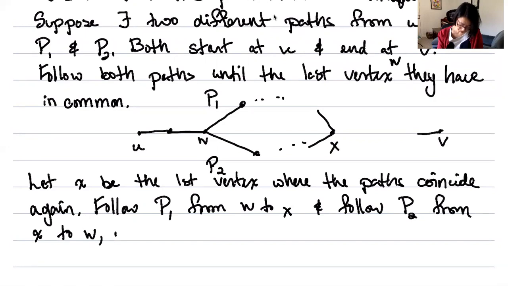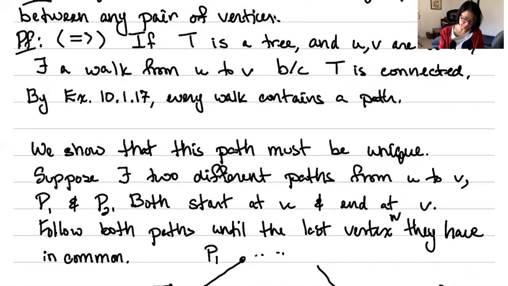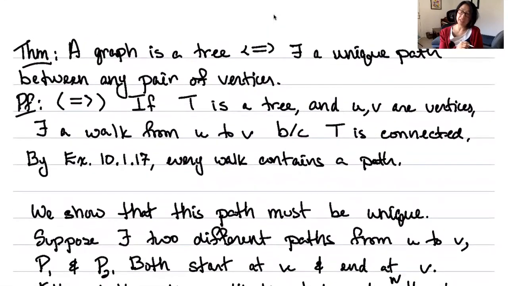Okay, we have a cycle, which is actually a circuit also, so it's both. Maybe I'll write circuit because that's what we need for the definition, but it's actually a cycle too. Oh no, what's going on here? So we have a circuit, which is a contradiction because T is a tree. Okay, so that means we've proved the forwards direction, that if I have a tree, then there must be a unique path between any pair of vertices.